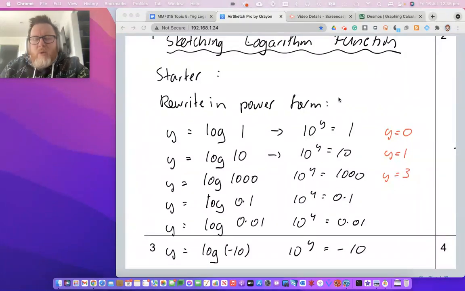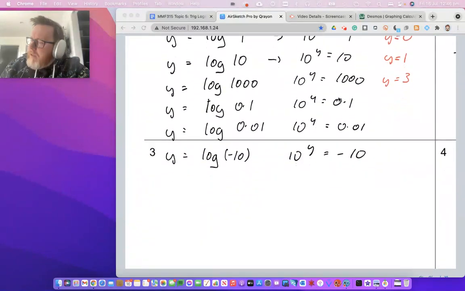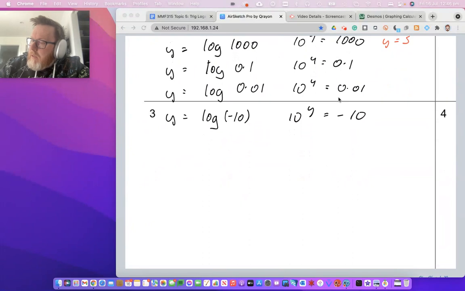10 to the power of what equals 0.1, and can you do that without a calculator? The answer is yes, you can. I'm going to scroll down so that you can see this. 10 to the power of y equals 0.1, and 0.1 is 1/10.